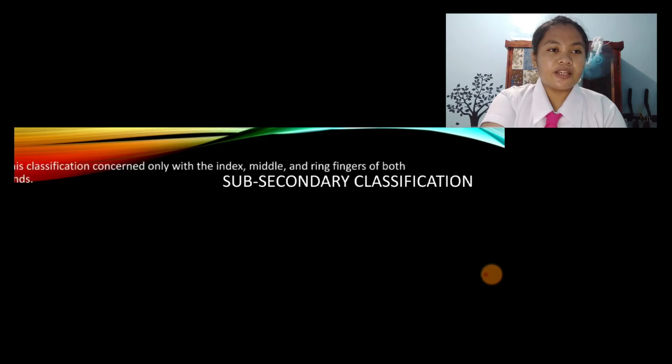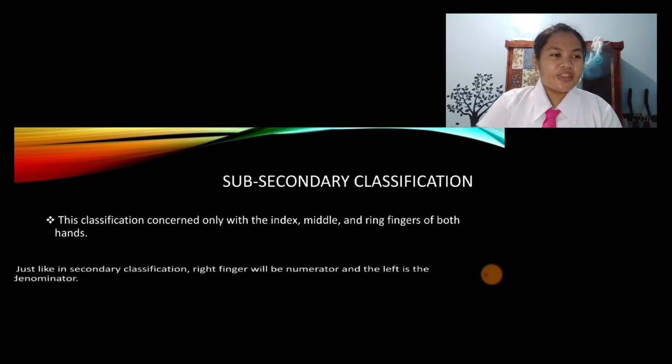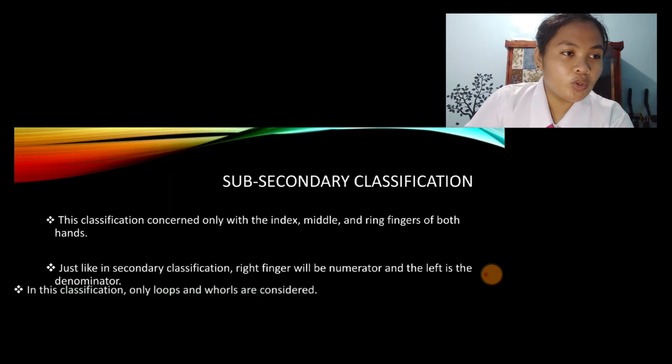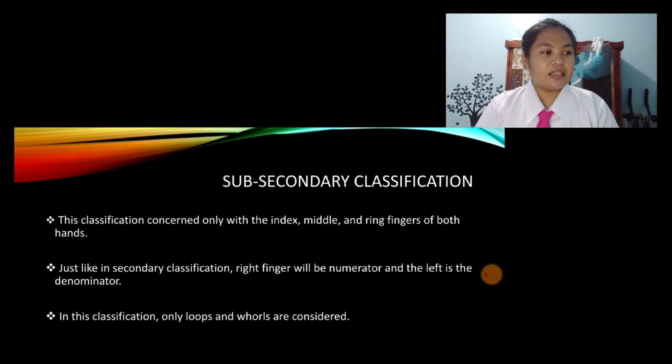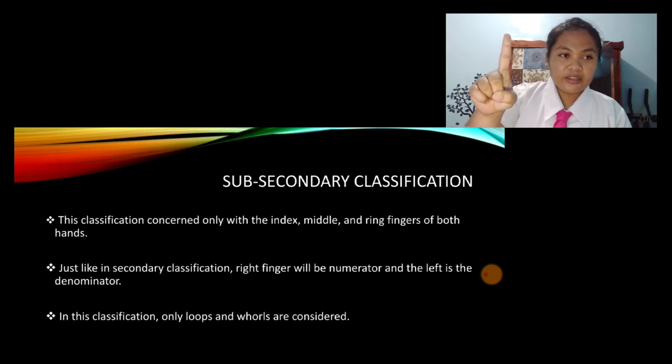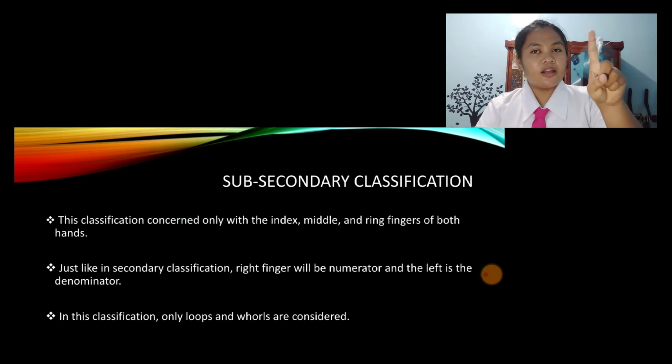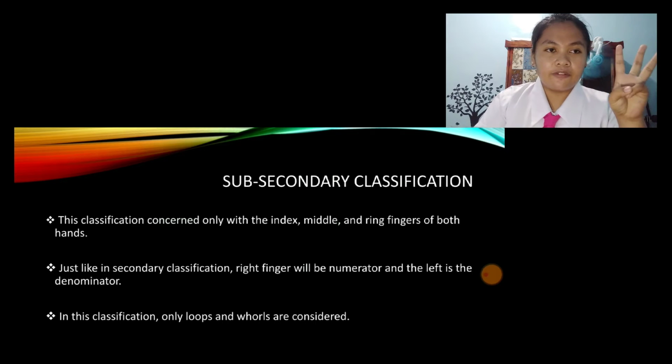Next is the sub-secondary classification. This classification is concerned only with the index, middle, and ring fingers of both hands. So it only concerns the right index, right middle, right ring, left index, left middle, and left ring.